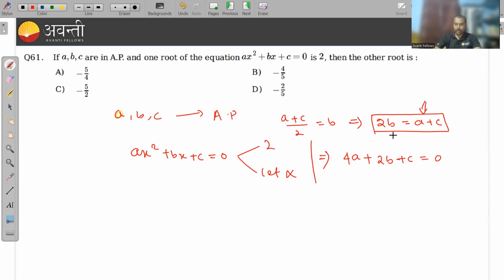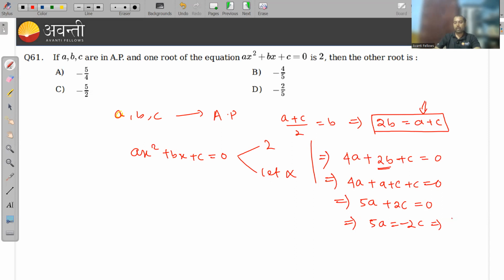So if we replace 2b with a plus c, what will happen? 4a plus, in place of 2b, I'm writing a plus c, is equal to 0. So 4a plus a is 5a, 5a plus 2c. I got 5a plus 2c is equal to 0. That means 5a is equal to minus 2c.